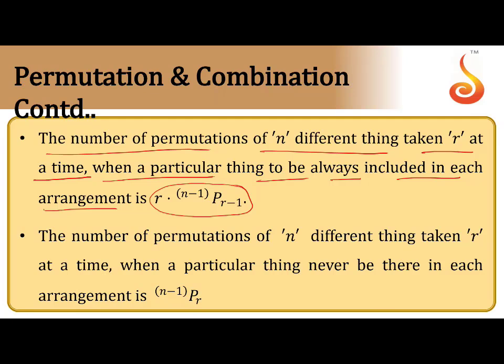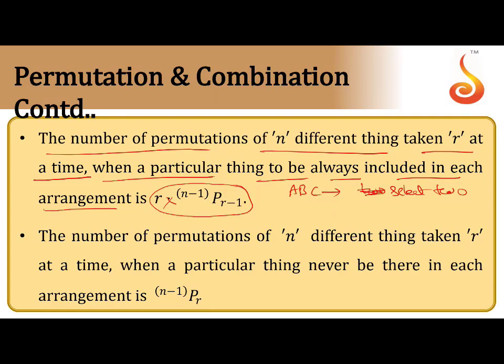In such a case, the number of permutations is r into n minus 1 P r minus 1. I will take one example to understand easily. There are 3 objects, A, B and C. I can select 2 objects. You have to select 2 objects, and B is always included.